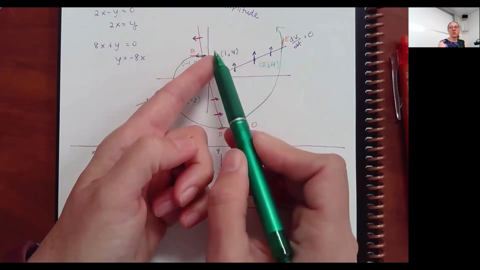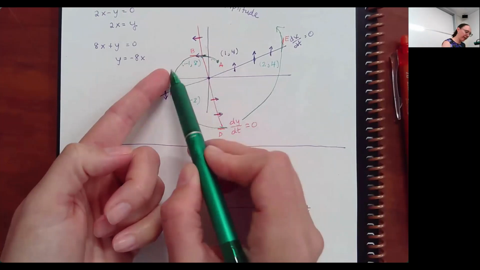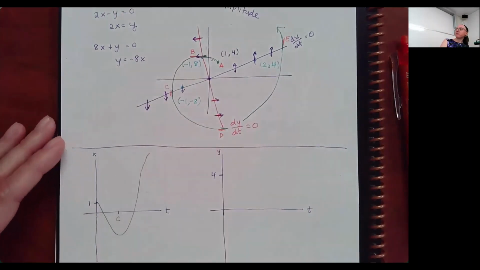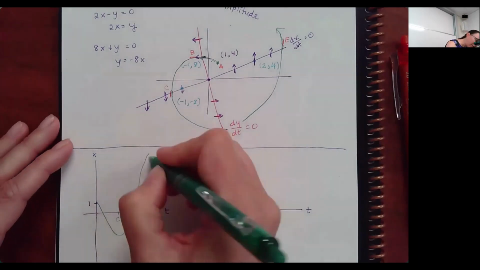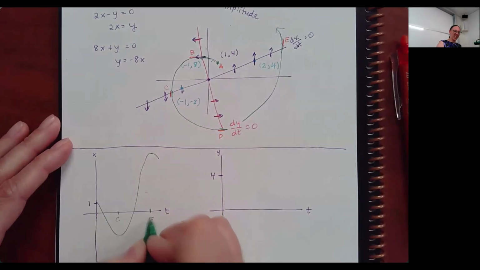It's a bigger amplitude than my pole to the left over here at C. So I've got to show that it got somehow bigger up there. And then my X values start shrinking again. So that's like I'm at point E.